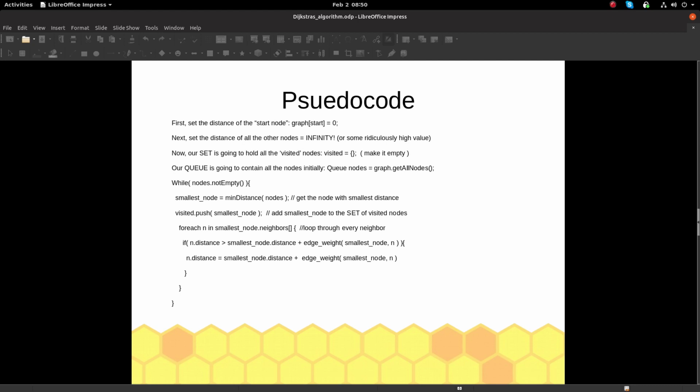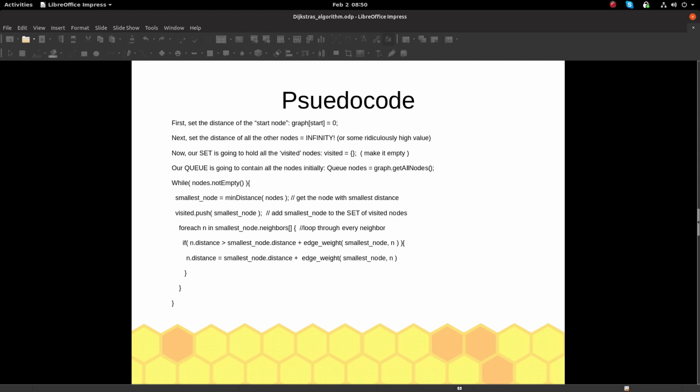Now the idea is pretty simple. We hop into a while loop that terminates when we finish dequeuing all the nodes in our queue that we filled up. We'll want to grab the node with the smallest cost first, during each iteration that is, and we'll push that to our visited set because we just viewed it. Now we'll check all the neighbors and compare their cost plus the edge weight connecting them to the current smallest node.